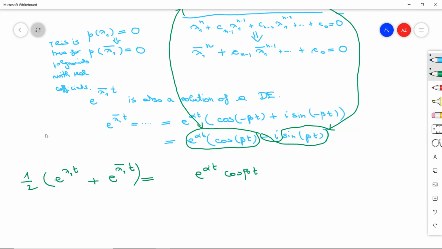And by the same reasoning, how do we get the imaginary part? What do we have to do? Subtract, yeah. We subtract them and get 2i times e to alpha t sine beta t. And to get rid of this 2i, we just multiply by 1 over 2i.